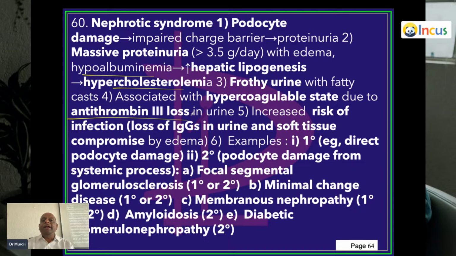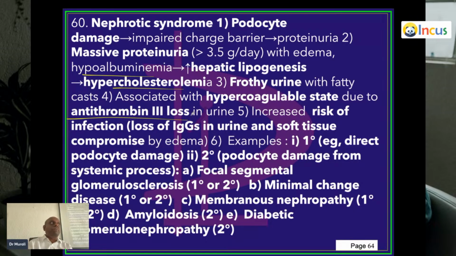Also, antithrombin 3 is lost into urine among the various proteins. Antithrombin 3, what does it do? It will go and inactivate the thrombin. What is thrombin? Activated factor 2 is called thrombin because factor 2 is prothrombin. Got it?